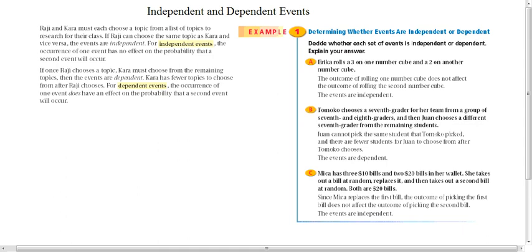So in this case, we say that the events are independent. Why? For an independent event, the occurrence of one event has no effect.